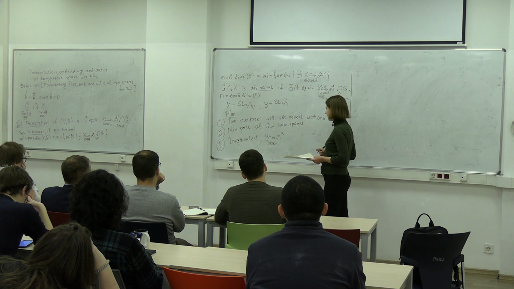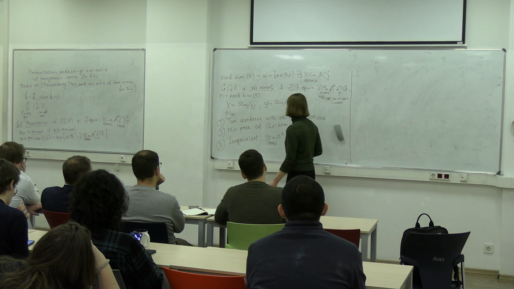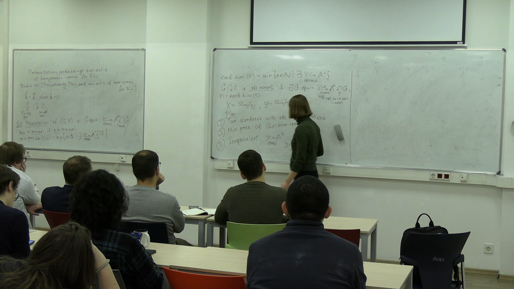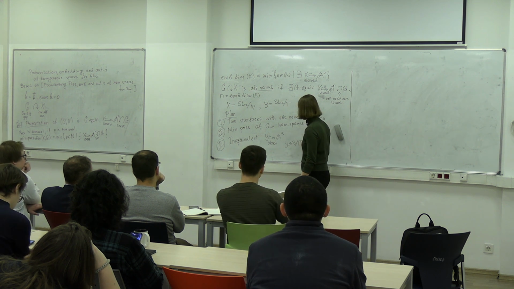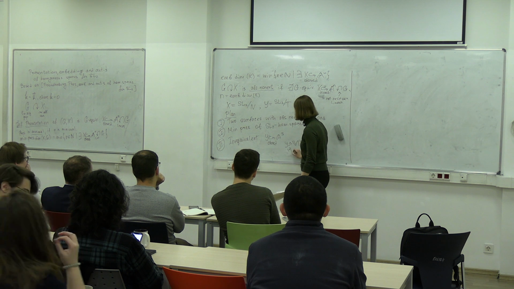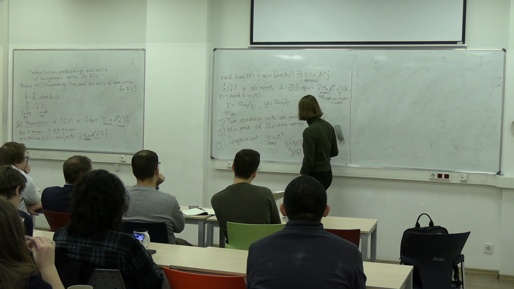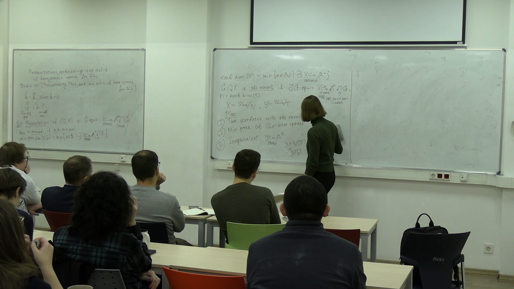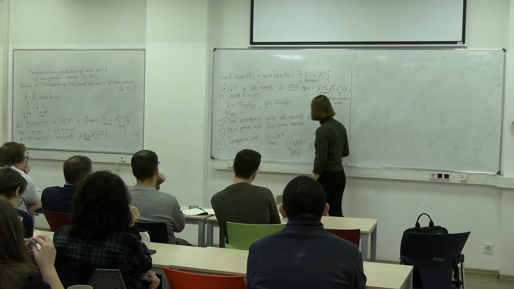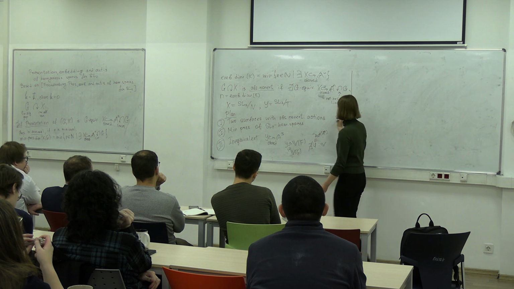Inequivalent in which sense? Inequivalent in the sense that Y is isomorphic to the set of zeros of f and isomorphic to the set of zeros of g, but there is no automorphism of A^3 which moves one to another.